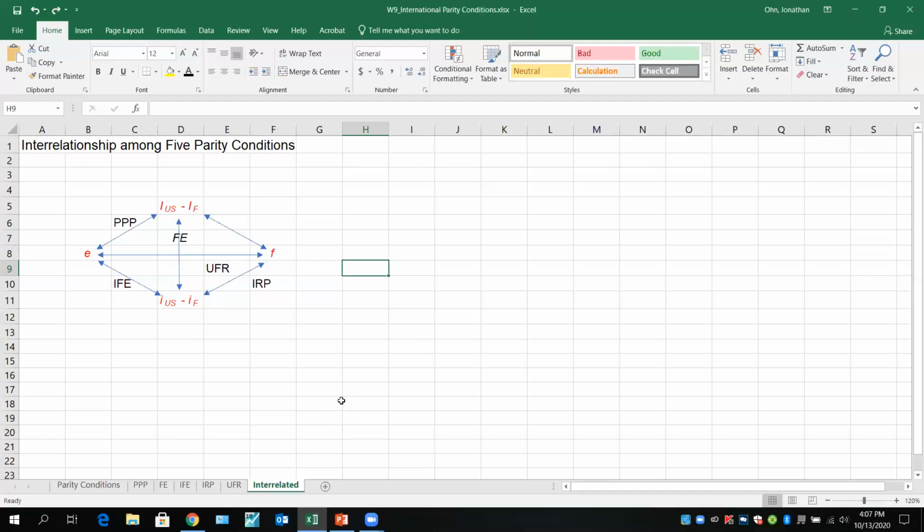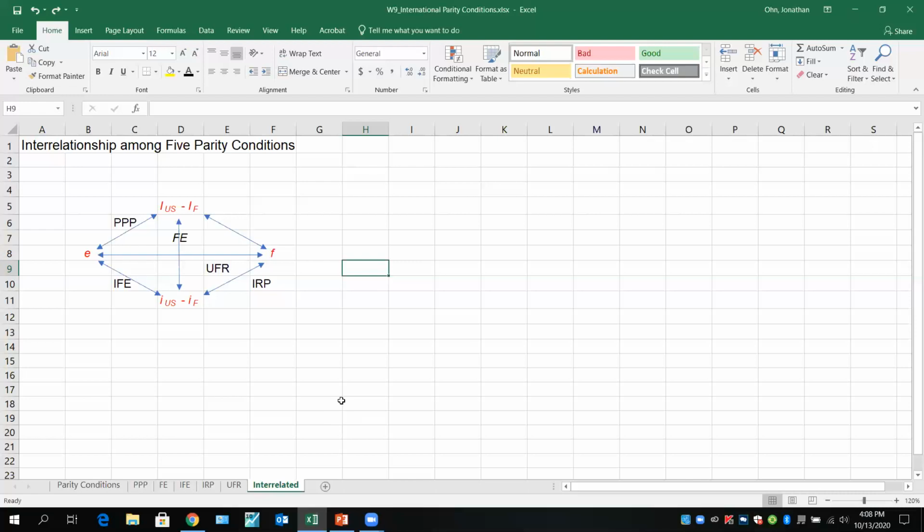All right. This is my complete version of the 5 parity or equilibrium conditions in international finance. You like it? I like this way. This makes the discussion complete.